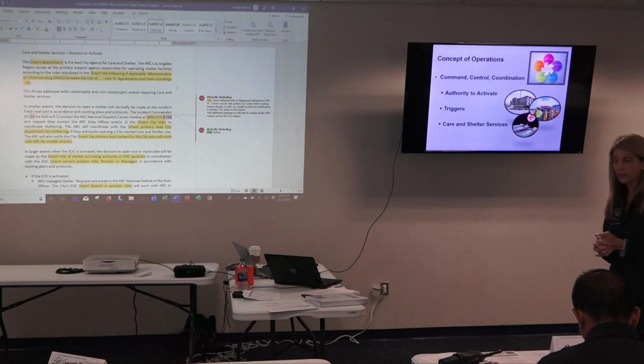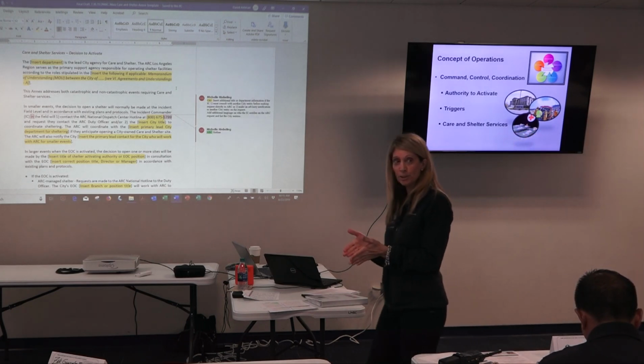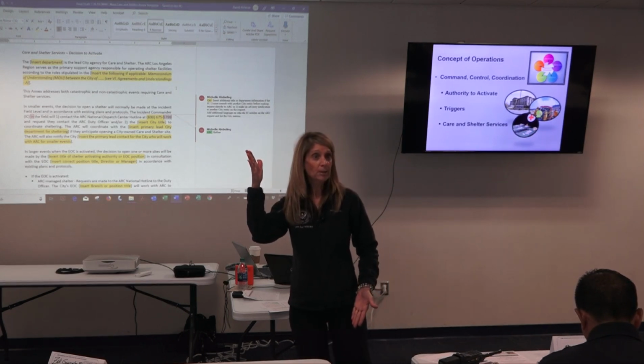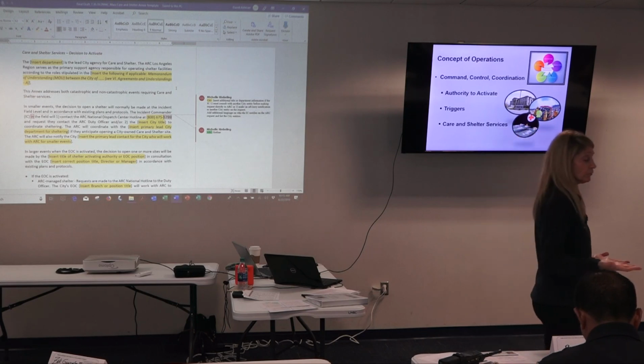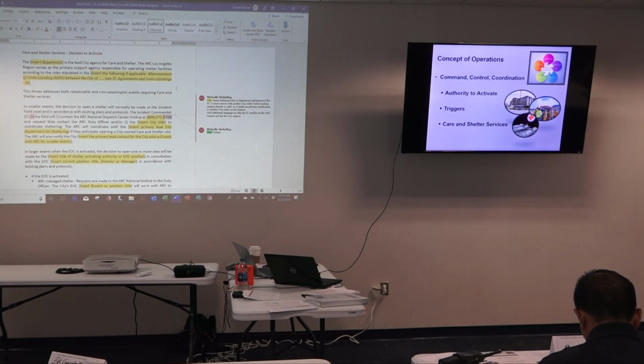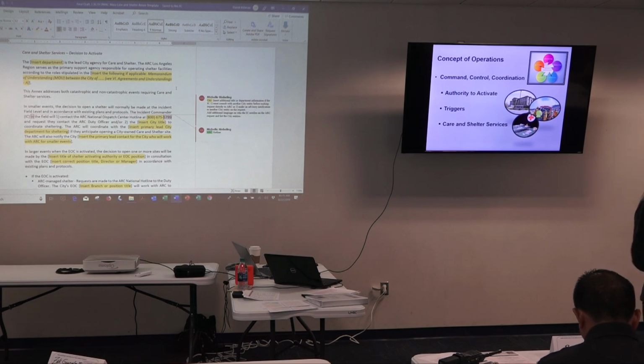Or worse scenario, because the premise of the incident command system is that if you don't fill a position, the next higher position retains that responsibility, your operations section chief would be responsible for oversight of a care and shelter site. Why you would do that in the middle of an incident is beyond me, but if you are retaining oversight of a care and shelter site, that function needs to be embedded in the organization.